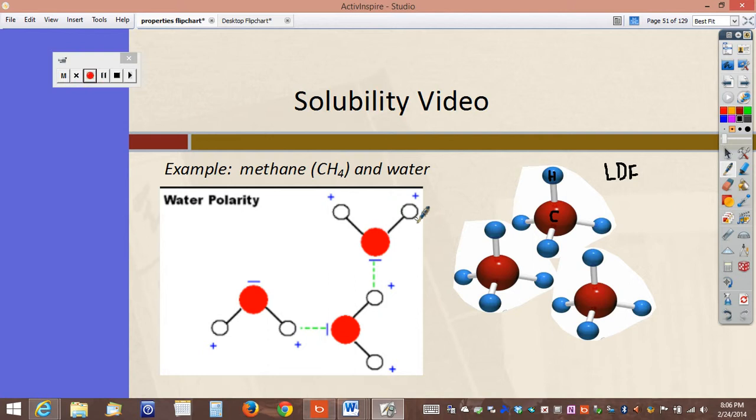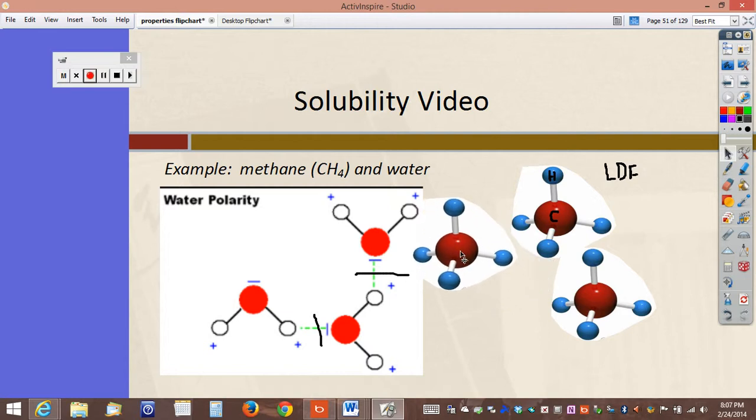Water, though, has hydrogen bonding. It has a permanent dipole. It always has that positive, negative side. So it's going to take a great deal of energy to break up these hydrogen bonds. Not much energy to break up this. But then when water tries to attract one of the nonpolar molecules, there's nothing there.